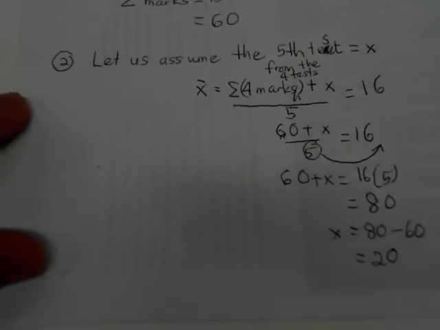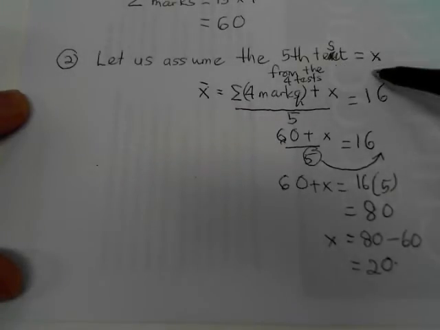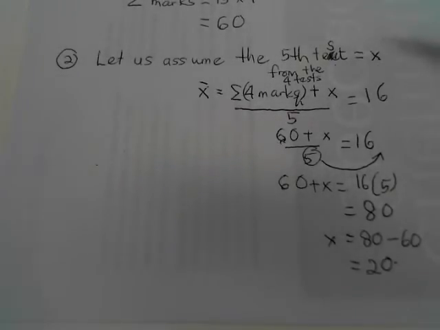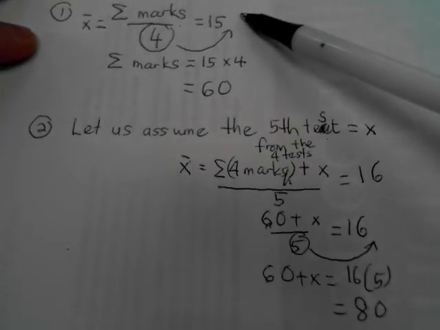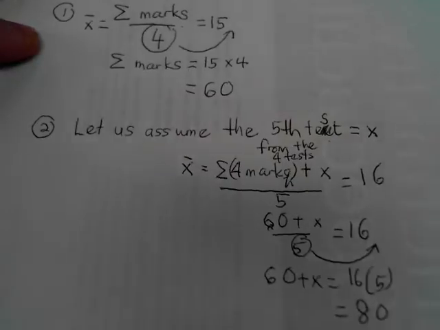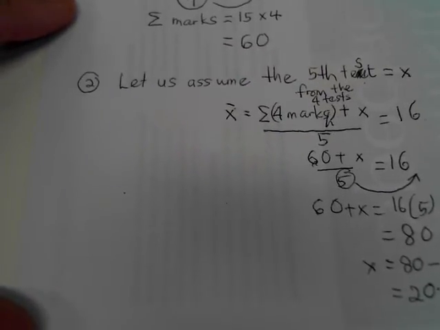So what does it actually mean in this case here? If x is 20, the 5th test is actually 20 marks that she has to score. What was the total of each test that was mentioned? Yes, it was 20. So in order for her to increase her average from 15, which is this one here, to 16, in her 5th test, she needs to get full marks for it.